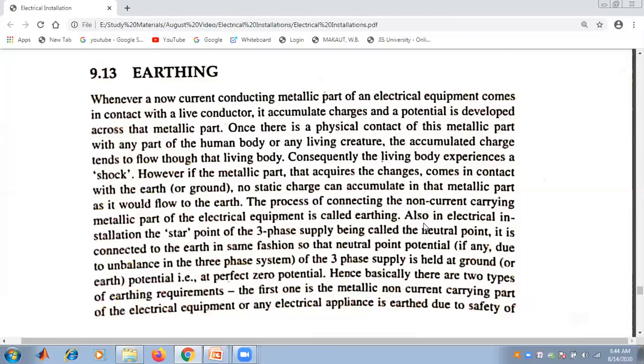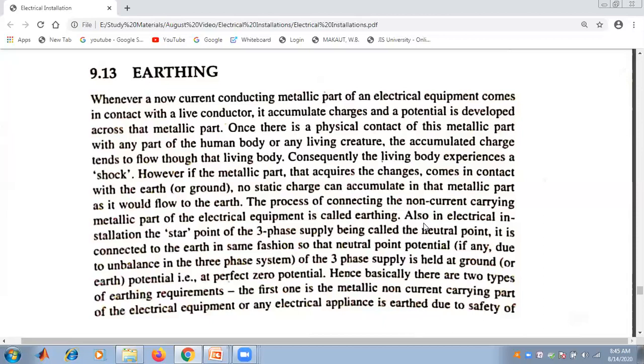As a result, the living body experiences a shock. This is the general formation of shock and how a person gets shocked.